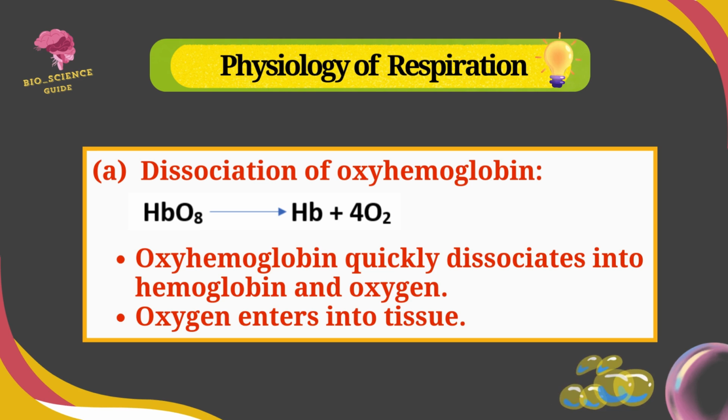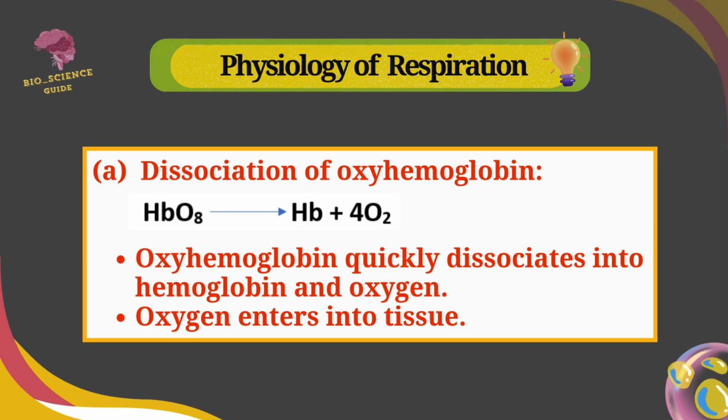As soon as the oxyhemoglobin reaches the tissue, it quickly dissociates into hemoglobin and oxygen. Oxygen enters into the tissue, but hemoglobin returns back to the RBC to carry oxygen.